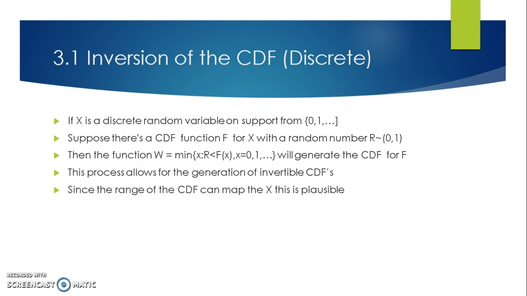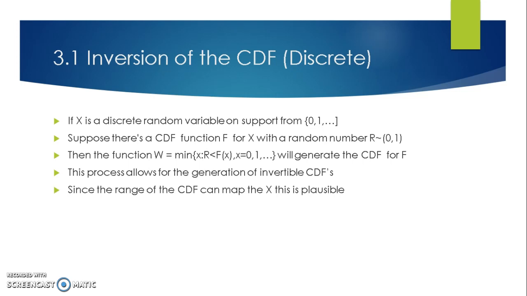If X is a discrete random variable with support 0 until the ending of it, suppose there's a CDF function F for X with a random number r that is uniform between 0 and 1. Same as the last time, except there's going to be a different function that we need to generate.